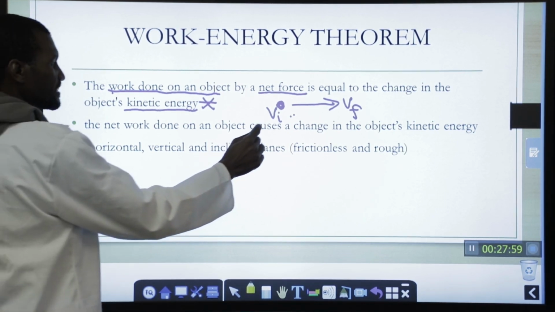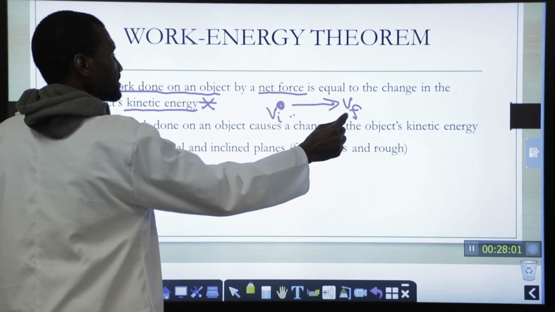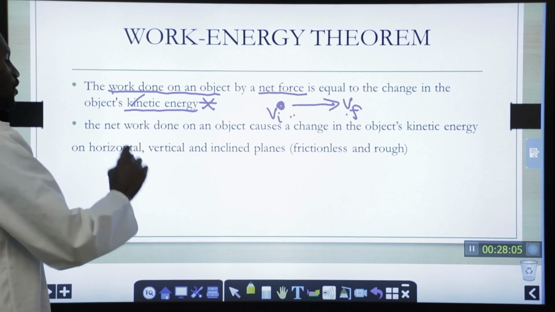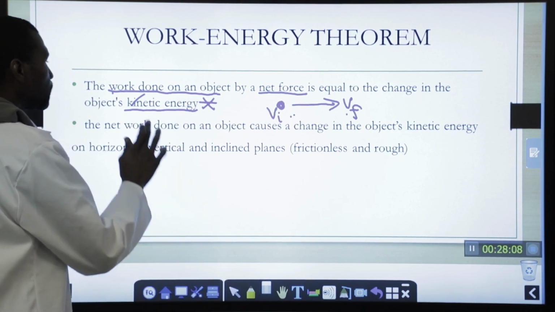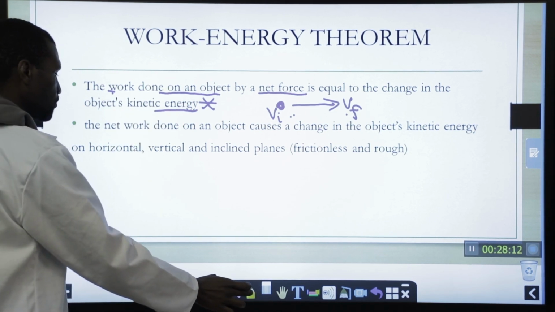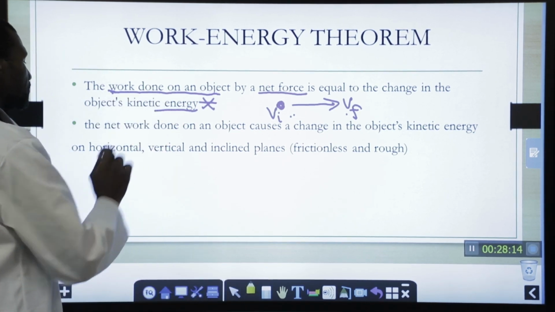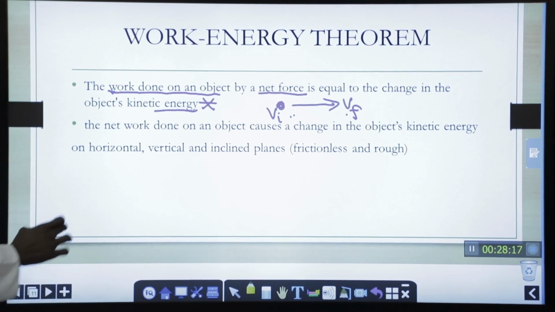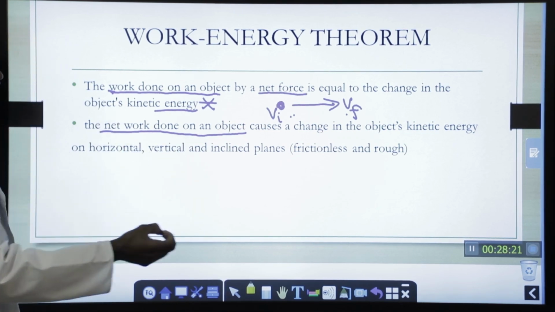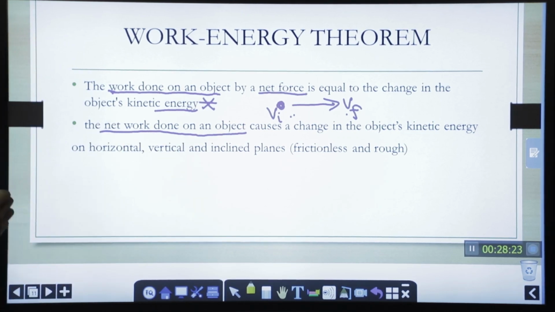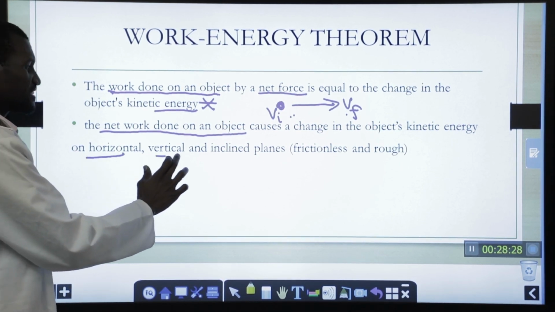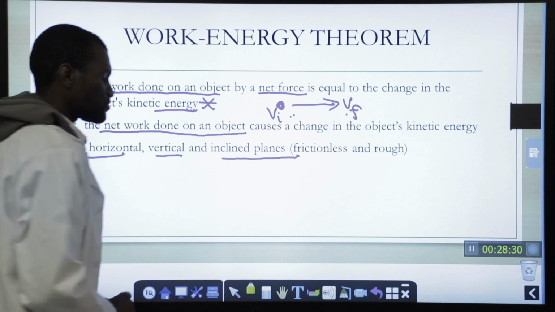If an object has an initial velocity and now has a particular final velocity, using our formula of kinetic energy, we can relate kinetic energy to the work energy theorem. In other words, the net work done on an object causes a change in the object's kinetic energy, be it horizontally, be it vertically, or on an inclined plane.